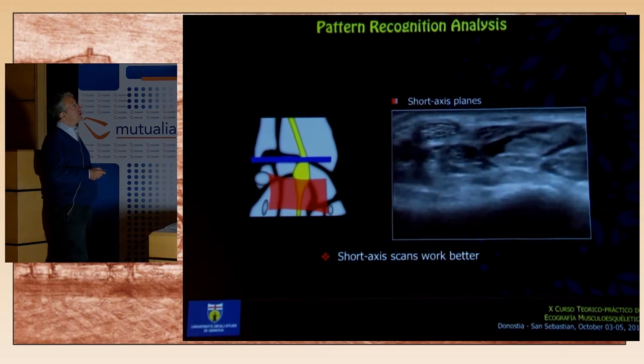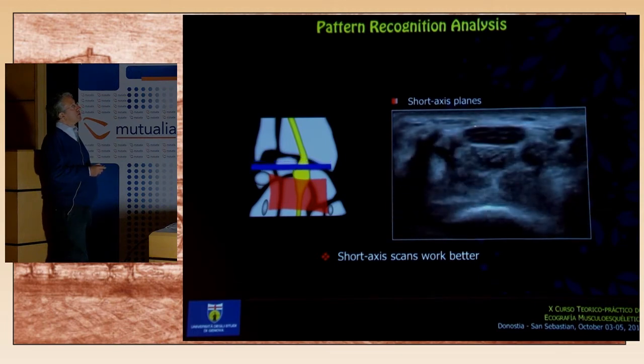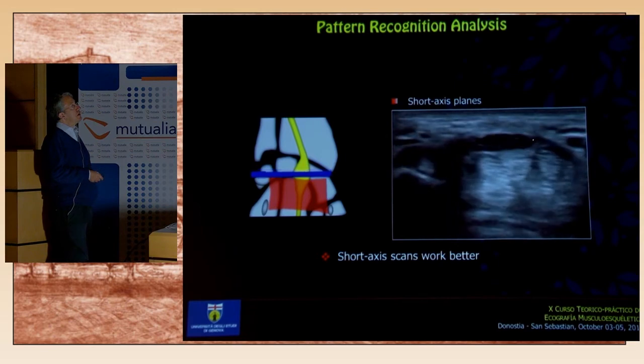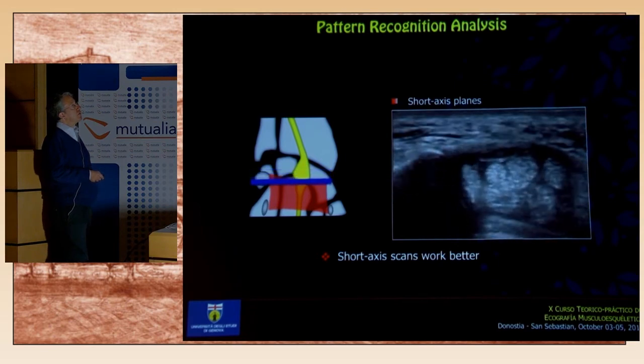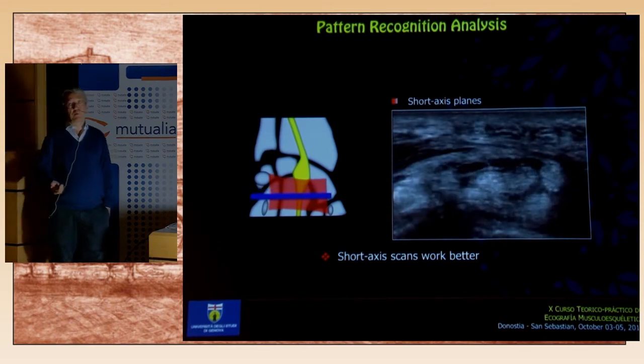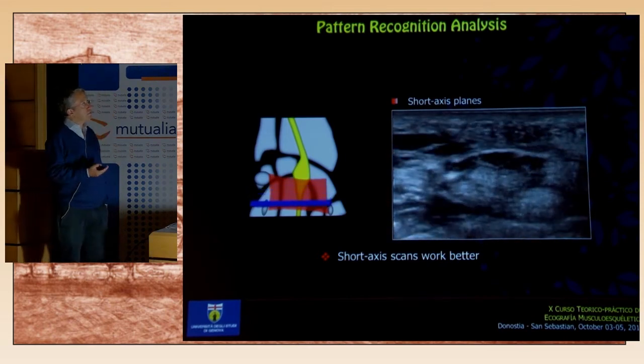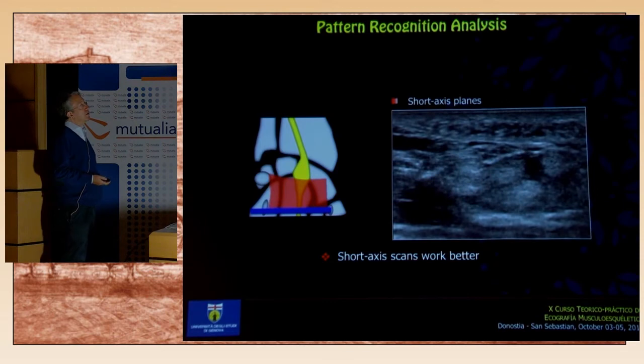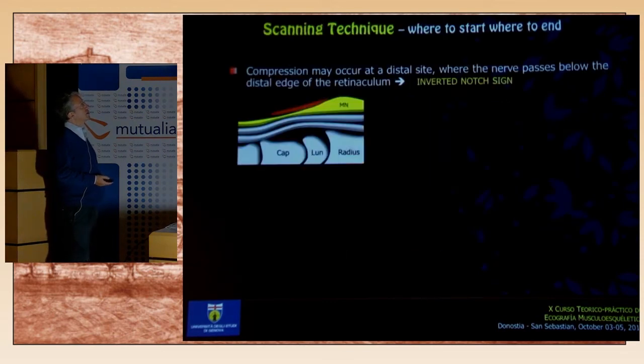What you see in carpal tunnel syndrome is that the nerve increases in size, then it flattens abruptly when it enters the tunnel. This is enough to make the diagnosis. Remember that ultrasound may help, but at the end carpal tunnel syndrome is a clinical diagnosis.